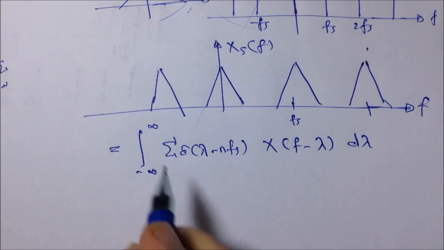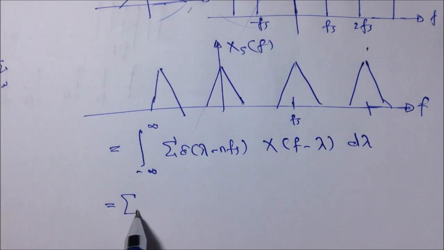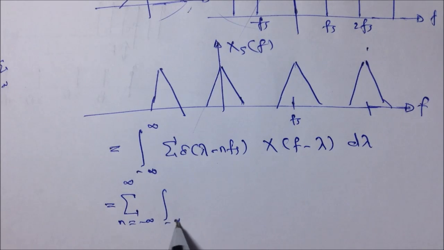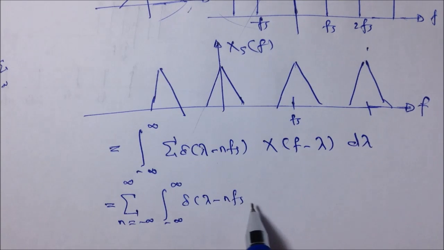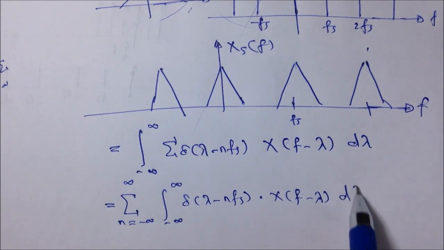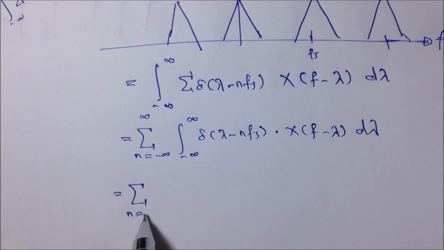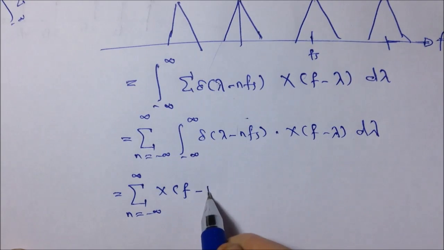By interchanging the order of summation and integration, we are about to convolve delta of lambda minus nfs with X of f minus lambda d lambda, which equals the summation from n equals minus infinity to plus infinity of X of f minus nfs.